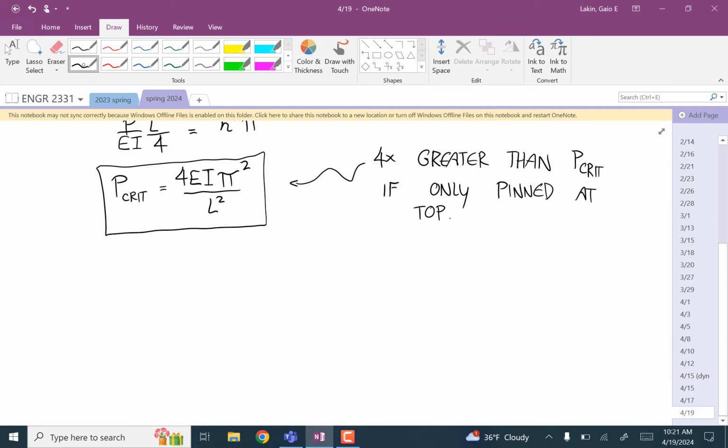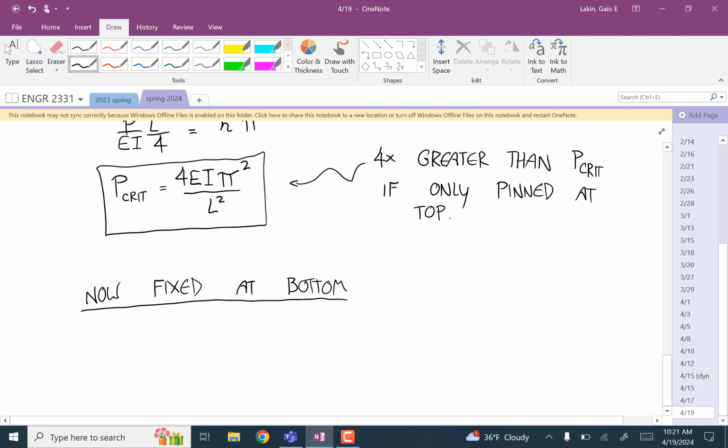Okay, so this was pinned at the bottom. So now we're going to switch to fixed at the bottom, and we'll talk about some different configurations with a fixed joint at the bottom.